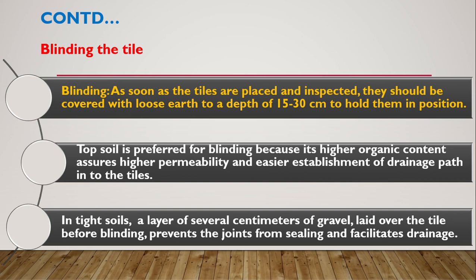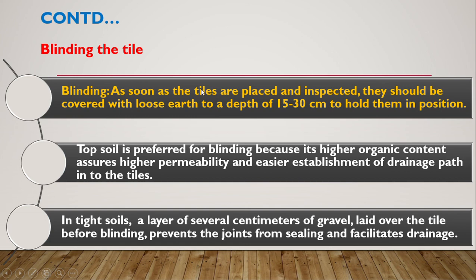Okay. So loose earth is given for covering the tile at a depth of 15 to 30 centimeter. Very loose earth, because we have to allow the water to filter into the tiles. So we have to give large sized particles. So 15 to 30 centimeter depth of loose soil is given above the tiles for blinding it.